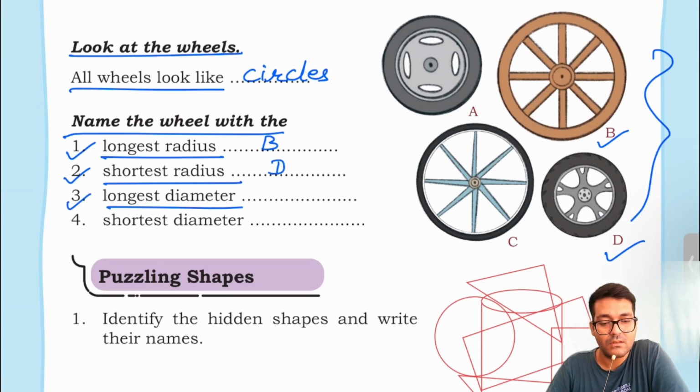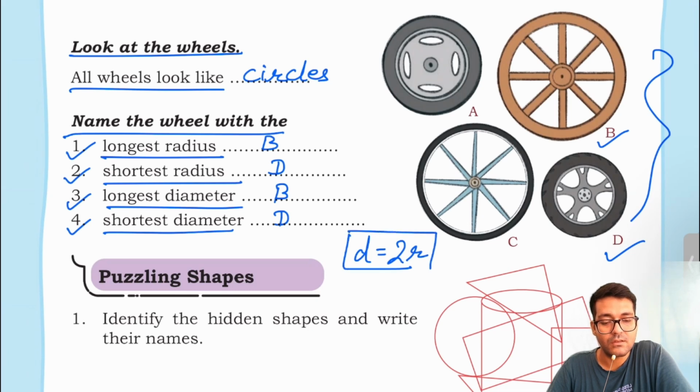Longest diameter, wheel B again. 4. Shortest diameter, wheel D. This is because the length of the diameter is double the radius. So, if a circle has a longer radius, then it will have a longer diameter too.